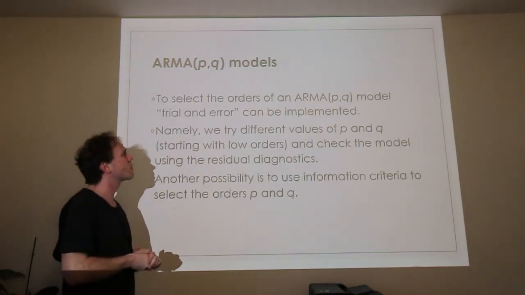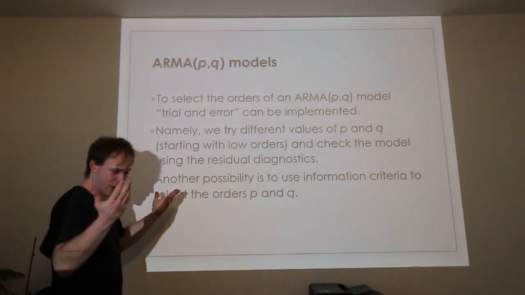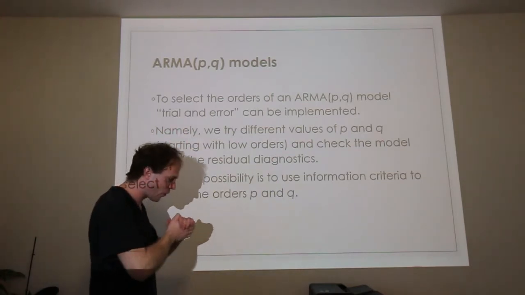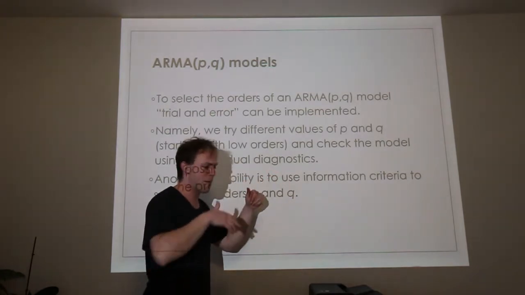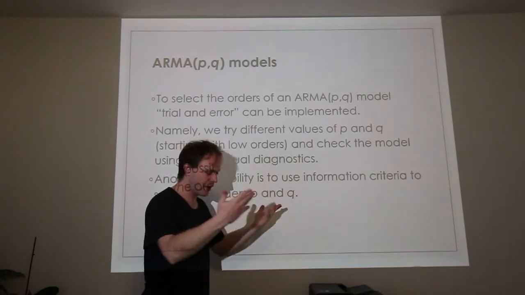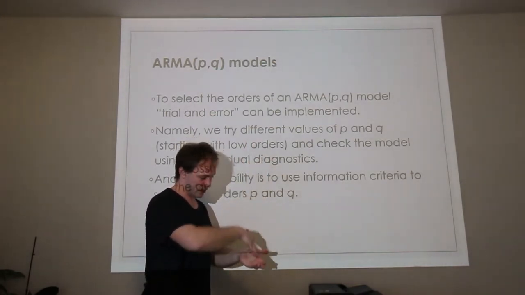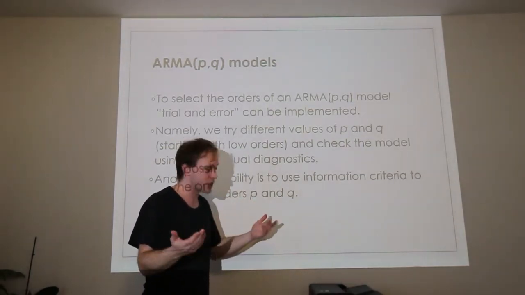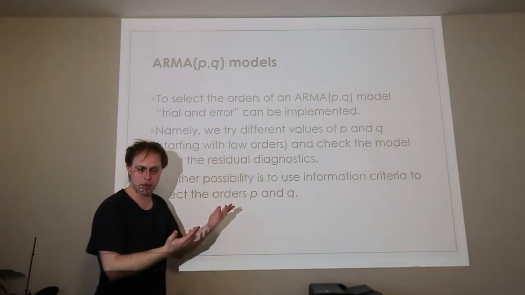To select the orders of an ARMA model, there is a good method: trial and error. It is good to use, for example, AR(1), MA(1) as in our equation, and after the estimation of the model, check the development of the autocorrelation and partial autocorrelation functions to see if there is still any system or not.